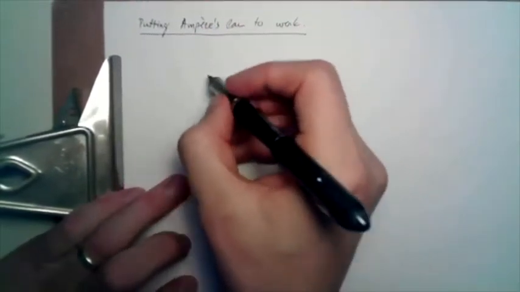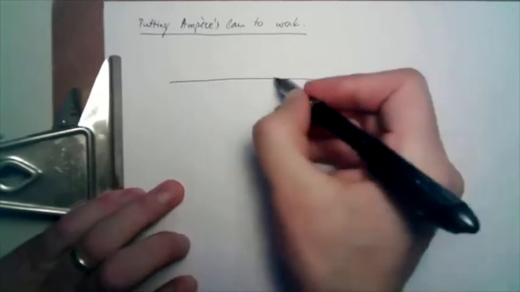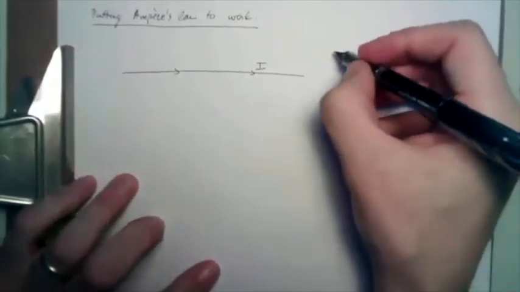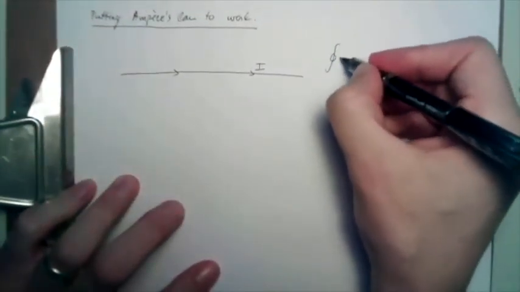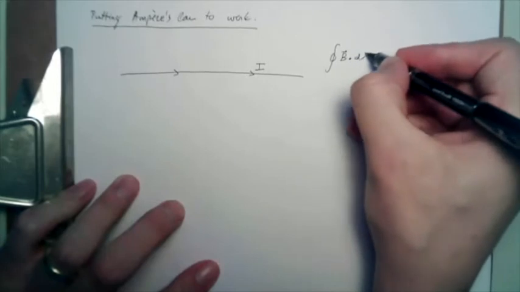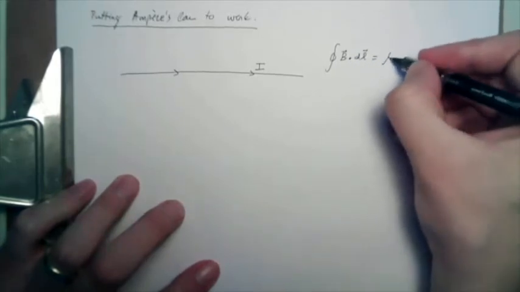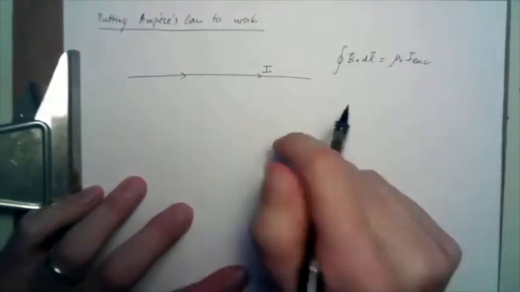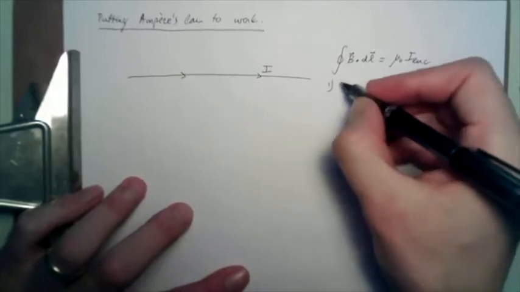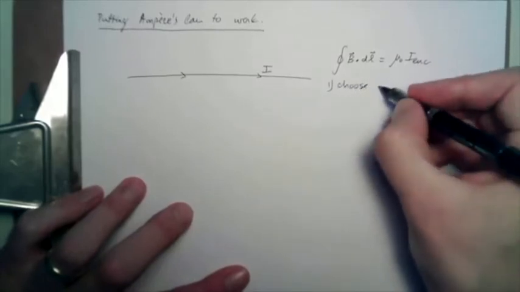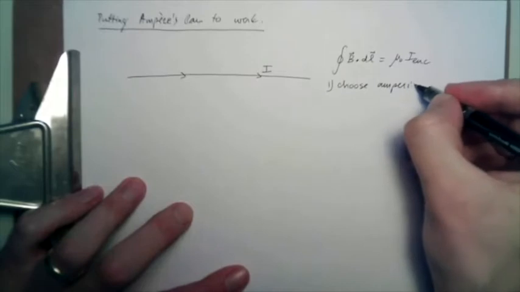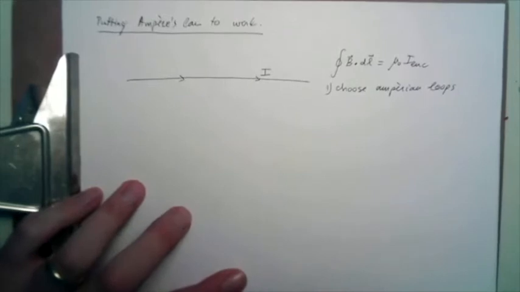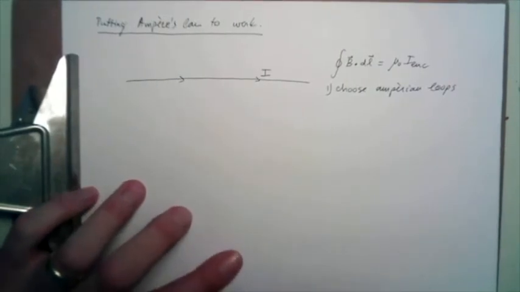So here we go. The first, surprise, surprise, is an infinitely long current carrying wire. All right, so our closed loop integral of B dot dL is mu naught I enclosed. Task 1: choose Amperian loops.